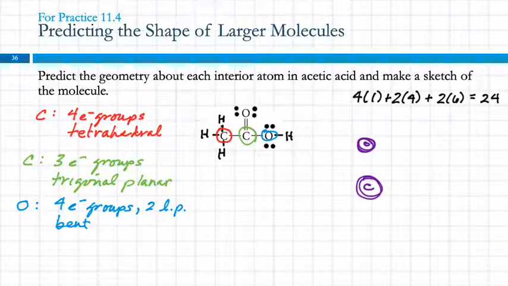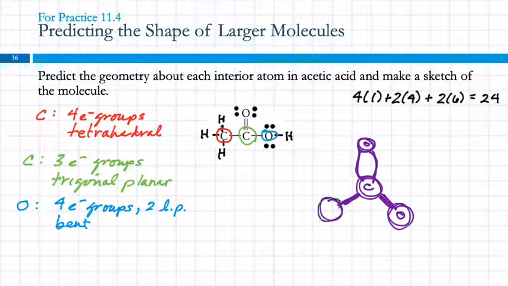So this is the oxygen, and there's a double bond here. And then I'm going to have a bond over here and a bond over here. And this is going to be oxygen, and this is going to be the other carbon. And I'm going to do the oxygen next because that's easier. That's bent, right? So I could bend up or bend down. I'm going to bend up, and there's the hydrogen.